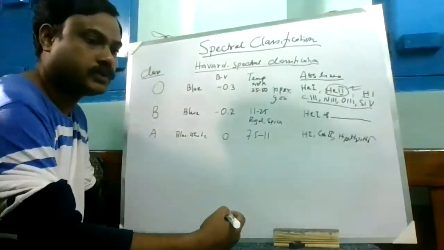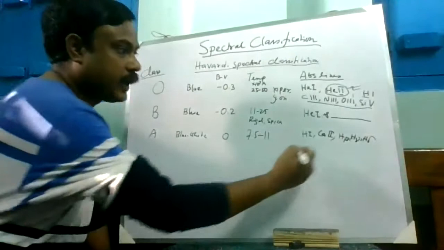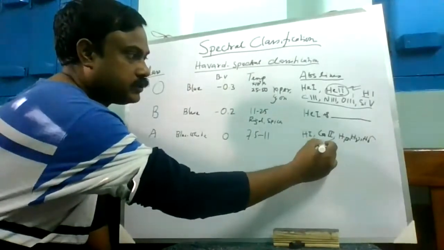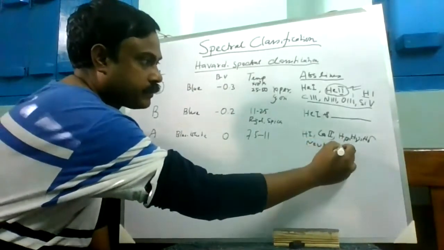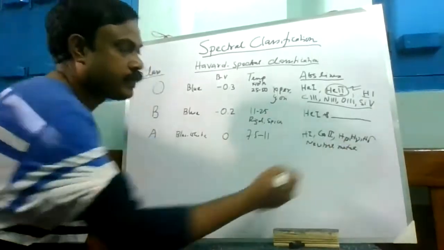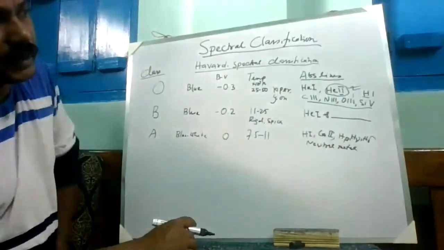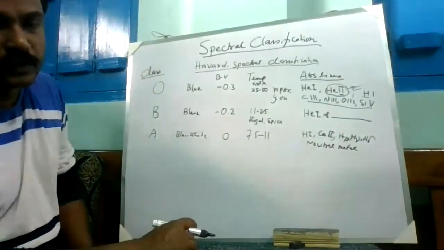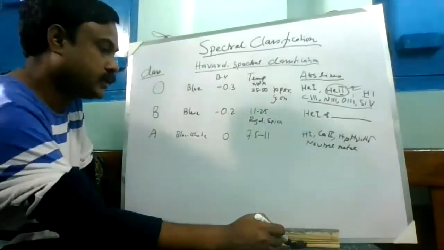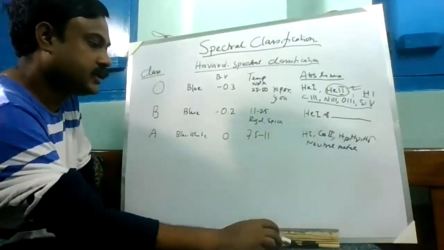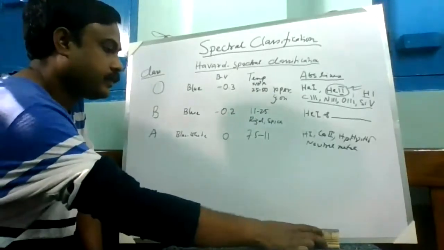These are also very strong, and neutral metals. Neutral metal means, say, calcium, sodium 1. Calcium 2 is distinguished as the calcium ion.